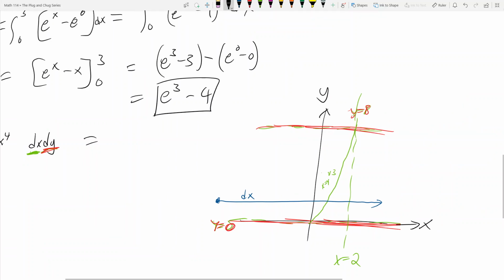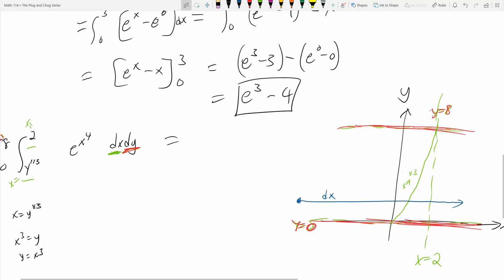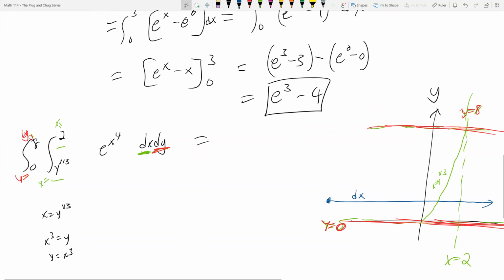If you go parallel to the x-axis, you hit x is equal to y to the 1/3 first, and then you hit x is equal to 2. So that means you're within this region right here. And moreover, since y is between 0 and 8, since you're in this region, this is going to be your shaded region.